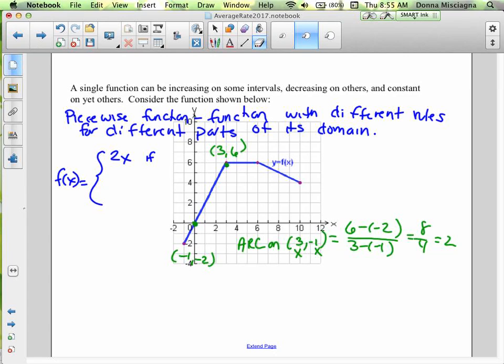Sorry, I need to look at the x values. -1 to +3. All right, so whenever x is between -1 and +3, the rule is going to be f of x equals 2x.